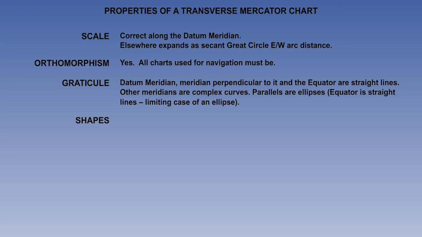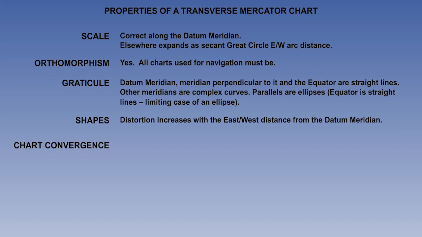Shapes follow the pattern of a direct Mercator, except that the distortion increases with the east-west distance from the datum meridian. The chart convergence is also complex, but it is correct at the pole and the equator.